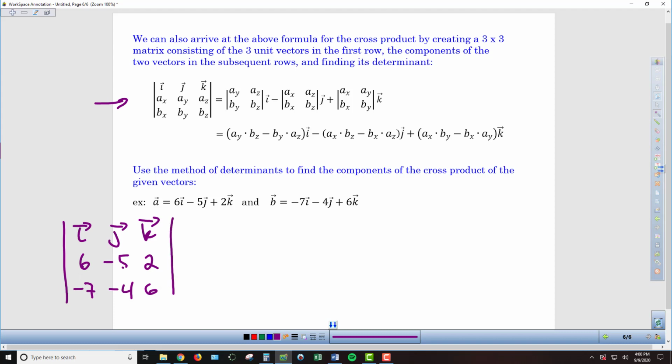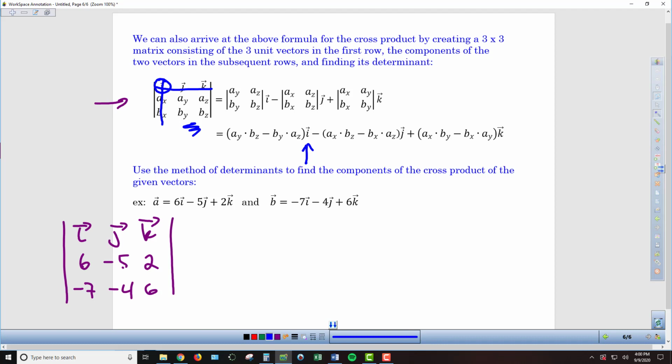And so then, how do I find the determinant of a 3x3 matrix? Well, the way we do that is we're going to eliminate the first row and first column. In the overlapping location there is I. And then what's left behind when I eliminate that row and column is a 2x2 matrix.